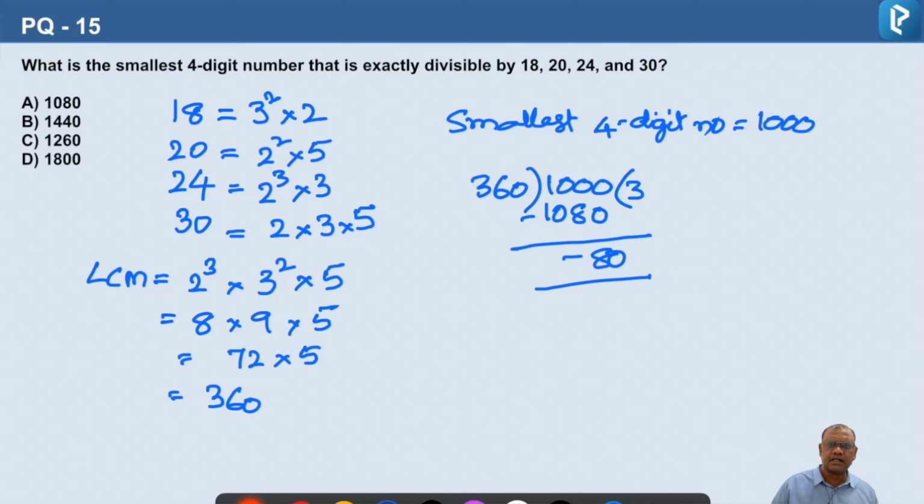That means if you add 80 to 1000, 1000 plus 80 becomes 1080, it will be divisible by 360, 3 times. So 1080 is the smallest 4-digit number which is divisible by all the 4 numbers, 18, 20, 24 and 30. So option A is the correct answer.